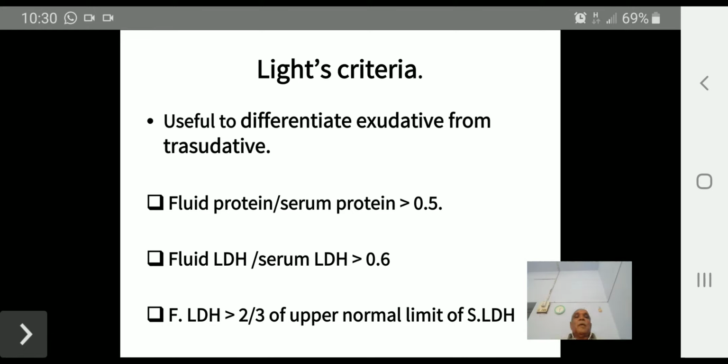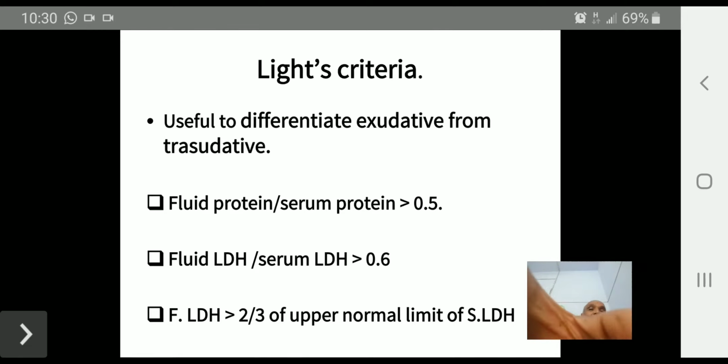Second, the fluid LDH and serum LDH ratio is greater than 60%, and fluid LDH is more than two-thirds of the upper normal limit for serum LDH. If any one of the above three criteria matches, it is probably exudative in nature.